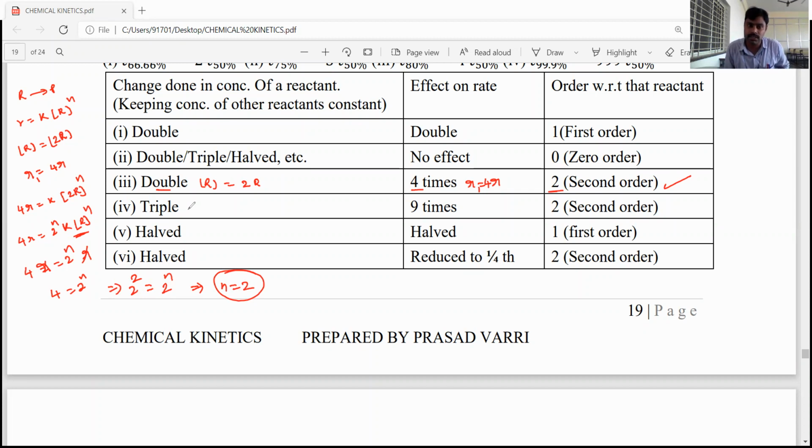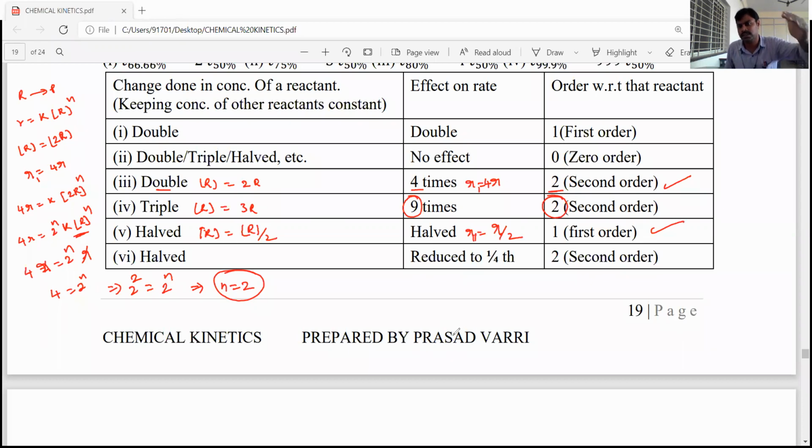In the same way, if the concentration of reactants becomes triple, 3R, and the rate is increased by 9 times, it also indicates the second order reaction. If the concentration of reactants is half, R naught by 2, and the rate also becomes half, R1 is equal to R by 2, it indicates the first order reaction.